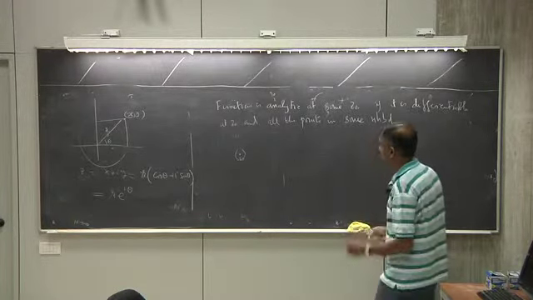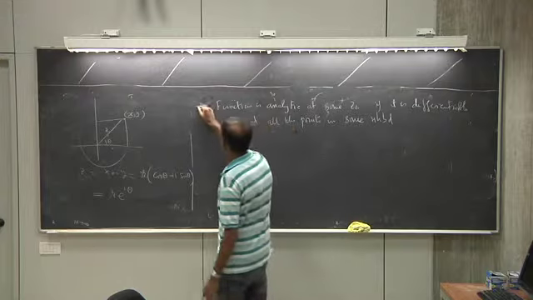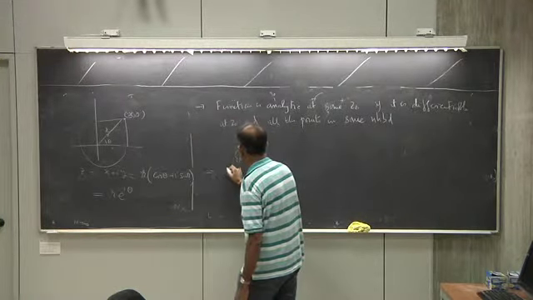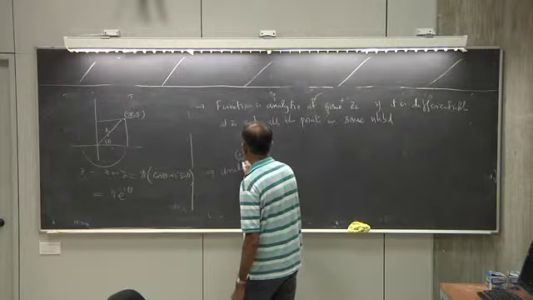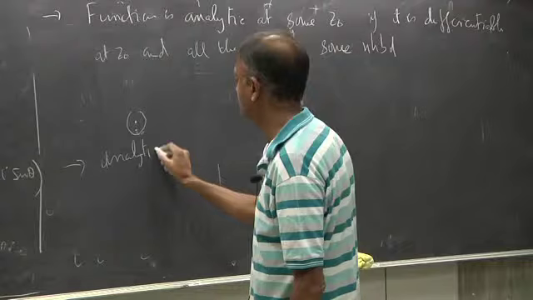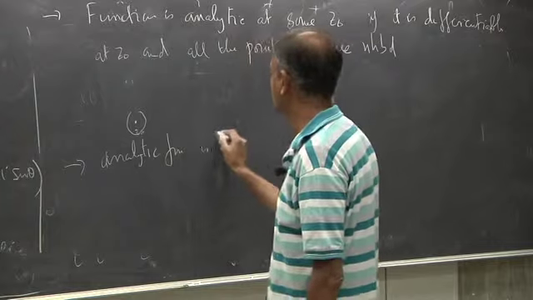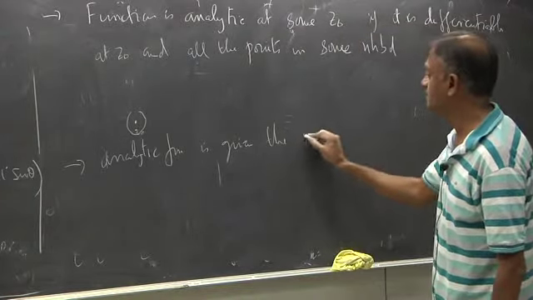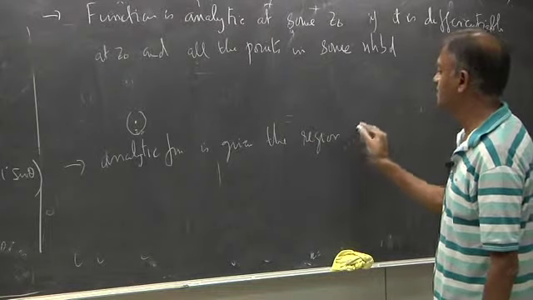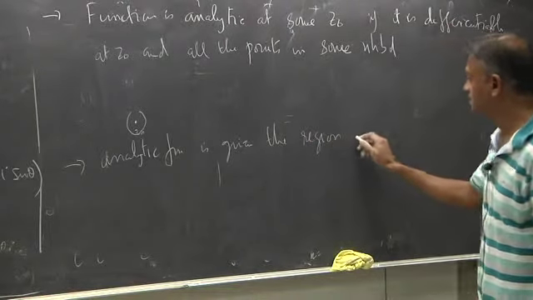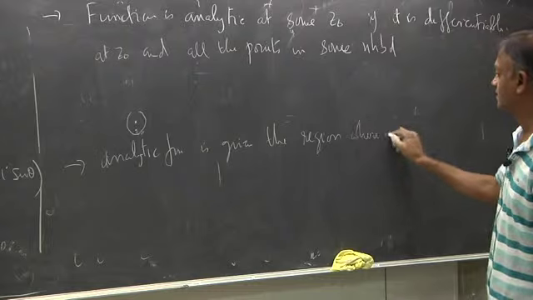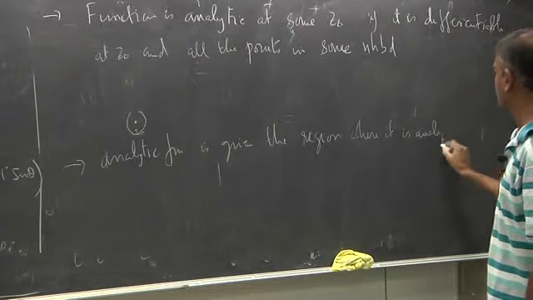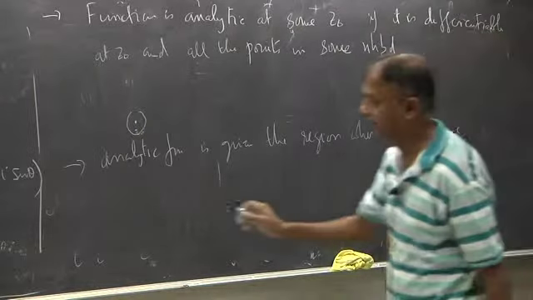Okay, so that's one thing. And then if an analytic function is given, the entire region where this function is analytic is called the domain of analyticity.